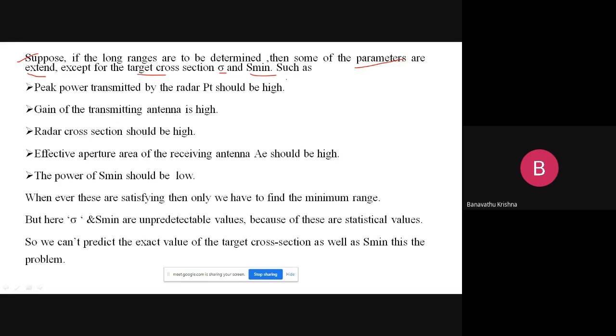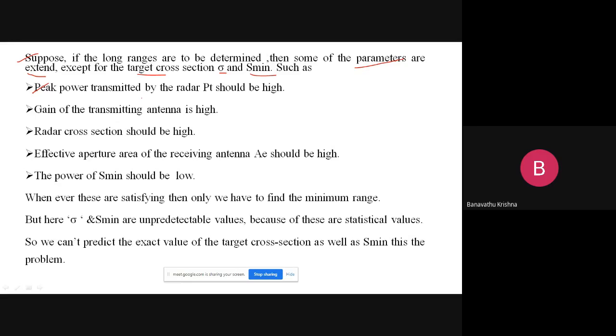One of these requirements is the peak power transmitted by the radar, that is, the transmitted power should be high. For longer ranges, if the target is far away, the transmitted power needed is very high.